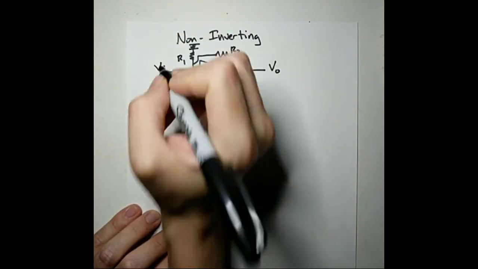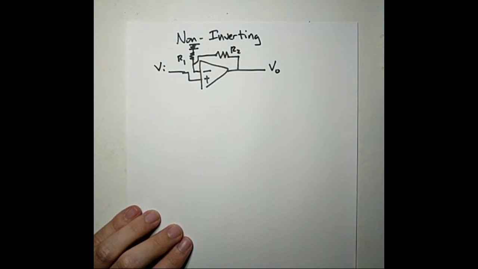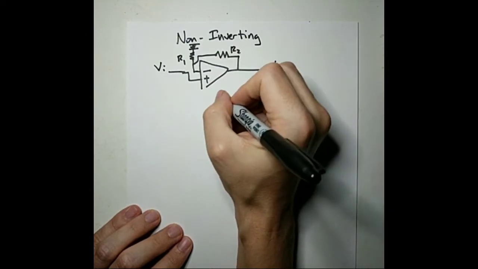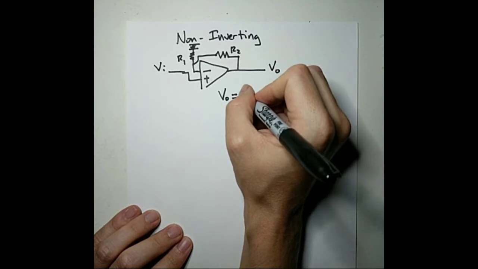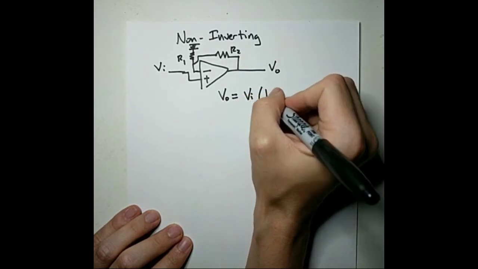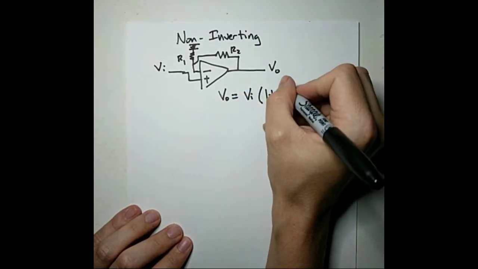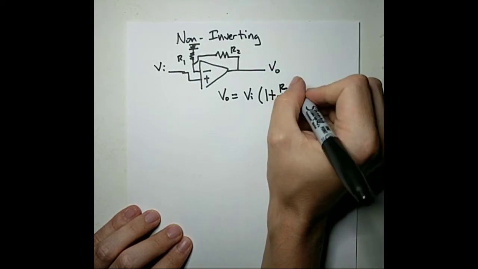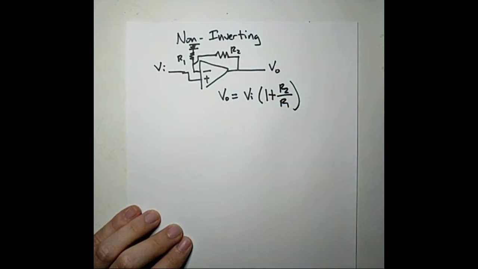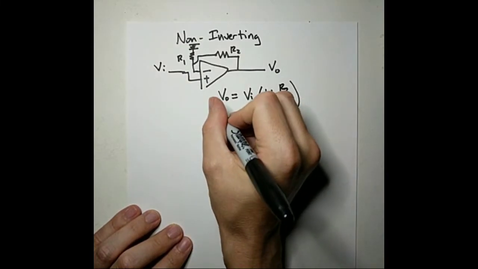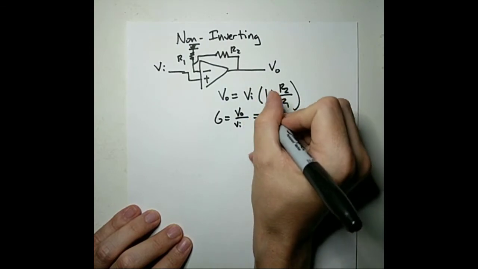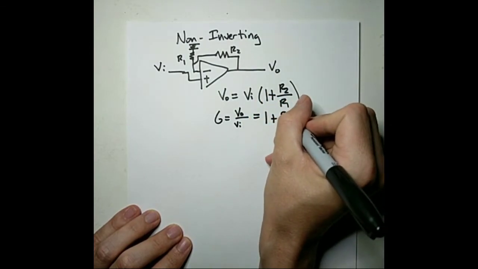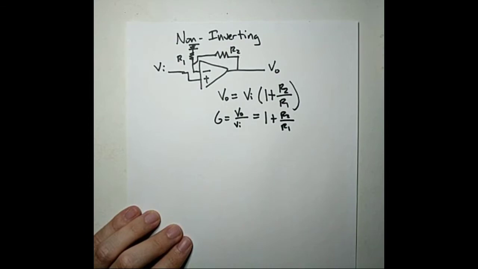So again, we'll call whatever we're sending into that op amp VI, we'll call its output VO. And if we went through the math, we would see that VO is VI times 1 plus R2 over R1. So again, if we looked at the gain, that is now 1 plus R2 over R1.